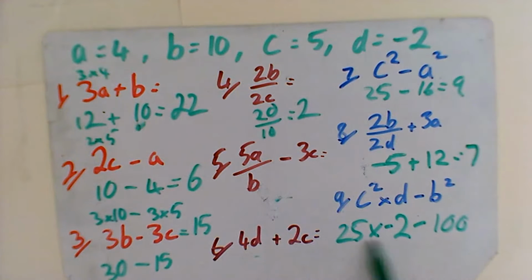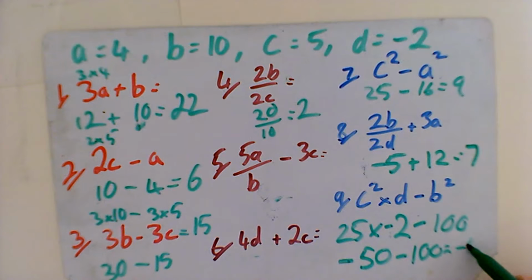BIDMAS tells us we have to do this multiplying first anyway. So 25 times minus 2, a positive times a negative, will give me a negative. So this becomes a negative 50. We're taking away 100. So minus 50 minus 100 will give me minus 150.